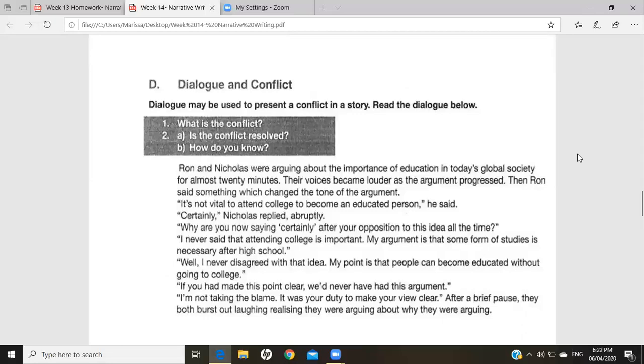The other was saying that yes, going to college is important. And then they realized, okay, this argument is silly, we're just arguing about why we are arguing. And then that laugh brings us sort of relief that the conflict has subsided and is not taking place anymore. Did y'all get that feeling, or does anybody think that the conflict is still ongoing?